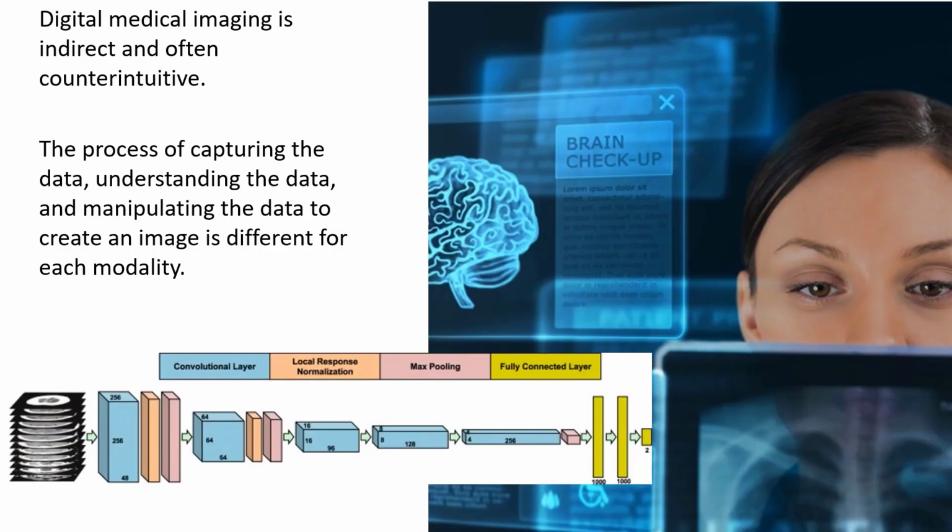The process of capturing the data, understanding the data, and manipulating the data to create an image is different for each modality. Digital medical imaging is indirect and often counterintuitive.